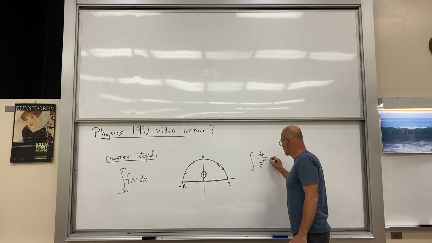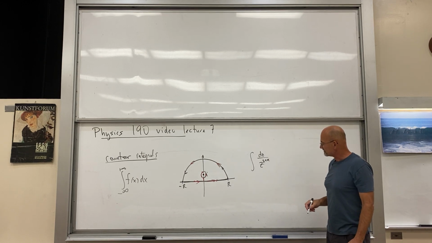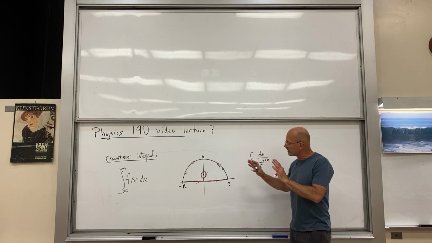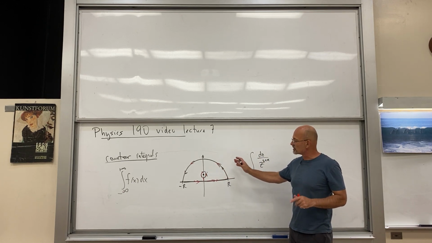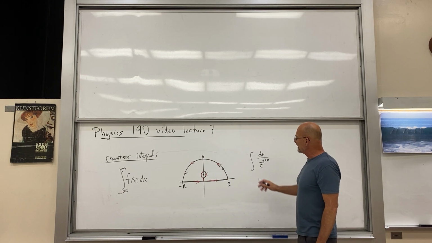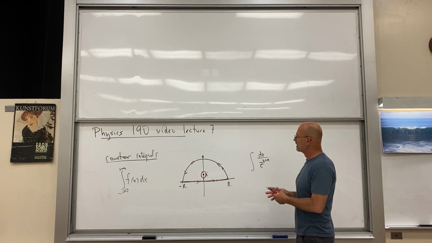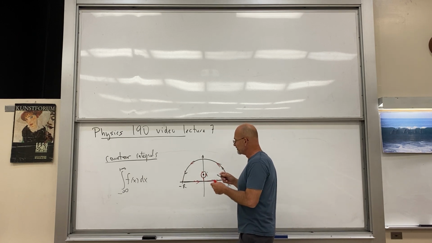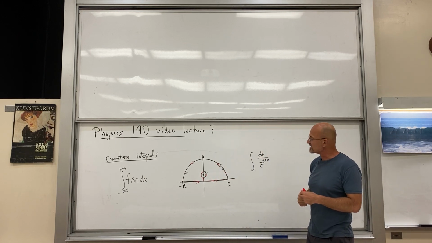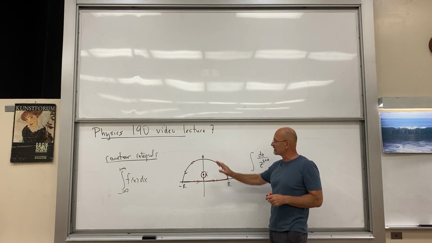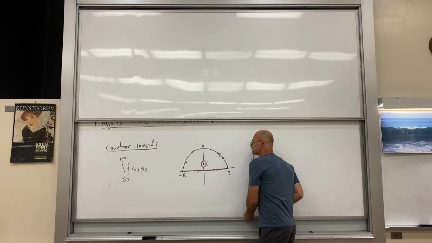I'll just write 1 plus alpha. That covers a number of functions that we integrate, but by no means all the ones that we want to integrate. So we need a stronger theorem or lemma called Jordan's lemma that will allow us to extend the class of functions so we can do these integrations.